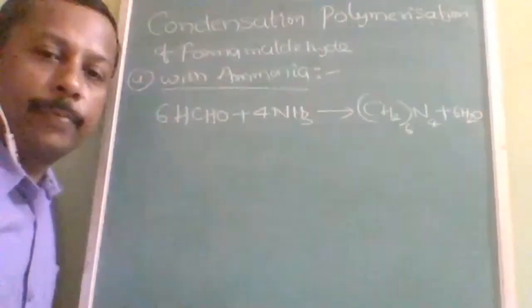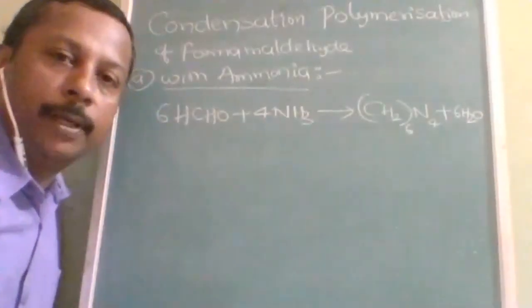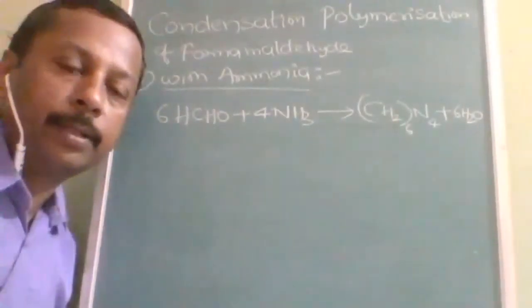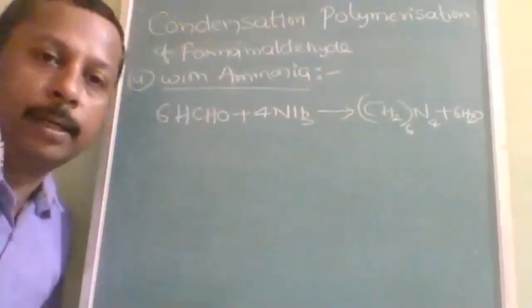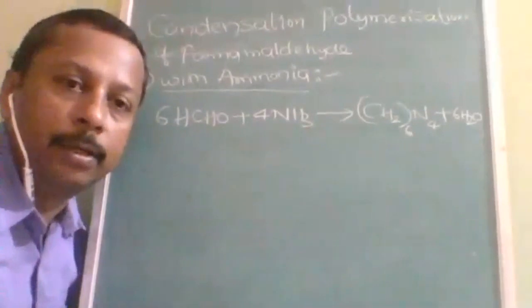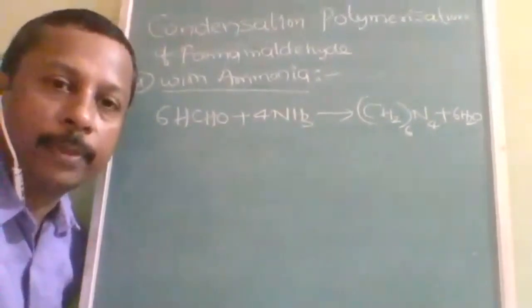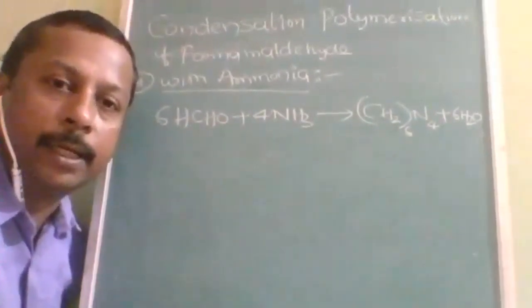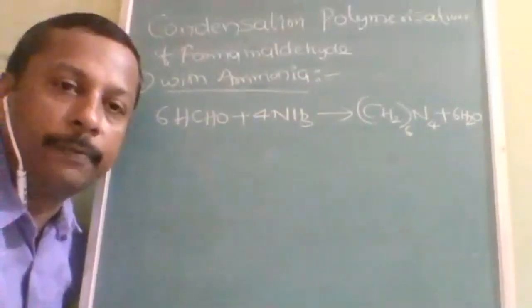Till now we have studied polymerization of formaldehyde, but it is addition polymerization. Polymerization is further divided into two types: addition polymerization and condensation polymerization. What is the difference?